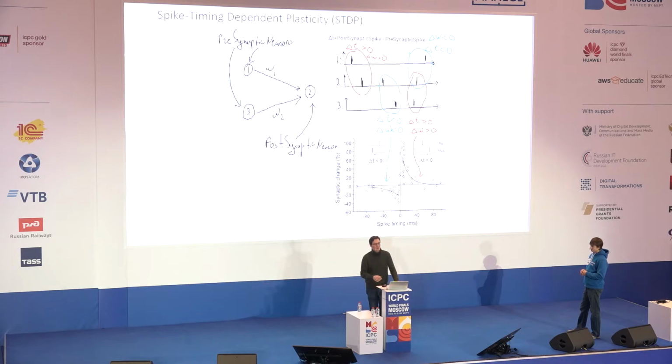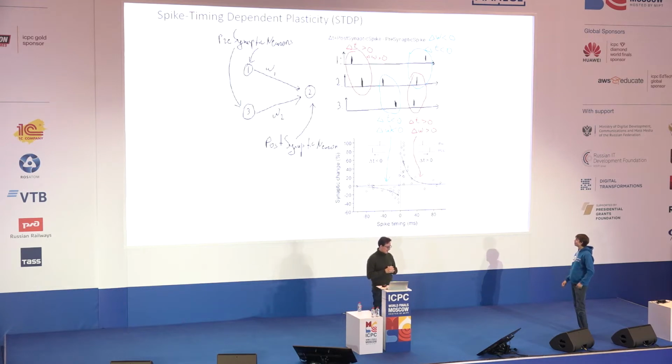Actually, we have the phenomenon of local learning rules. Local learning rules use only the behavior of the presynaptic and postsynaptic neuron. They don't use the behavior of other cells. And one of the possible models of how it works is the spike timing dependent plasticity model.